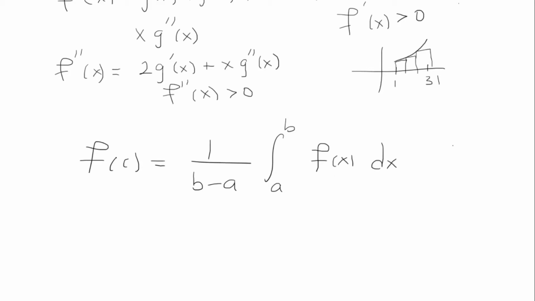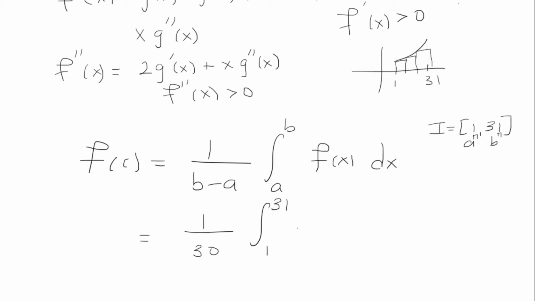So in our case, the interval was between 1 and 31. So we're going to replace a with 1, b with 31. So that would be 1 over 31 minus 1, which is 30. And then the integral from 1 to 31.